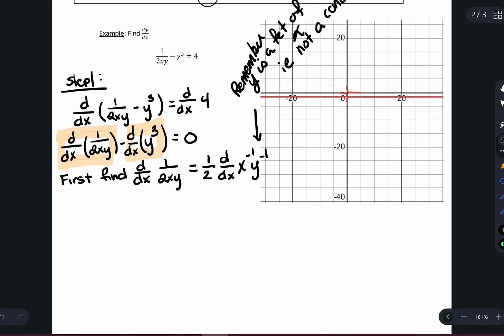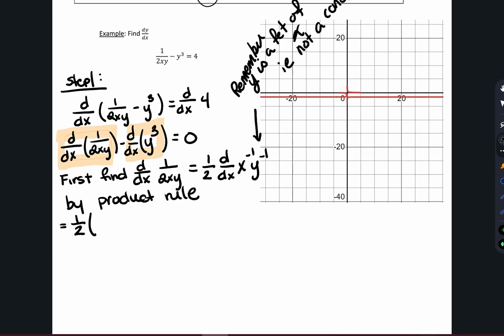All right. So first thing we're going to do here is I've got a function of x, which is x to the minus 1 times a different function of x. So in other words, I've got a product of two functions of x. So by the product rule, this is going to be equal to 1/2. So I'm just bringing that 1/2 out, and now I'm going to take the derivative of this whole thing here.